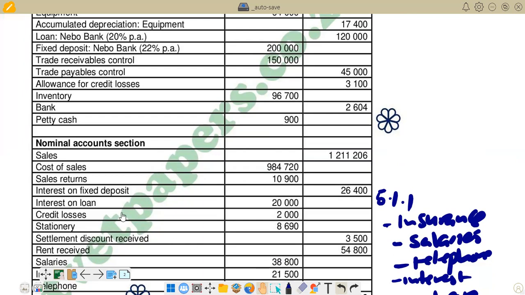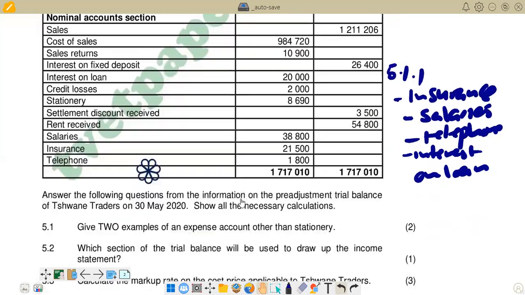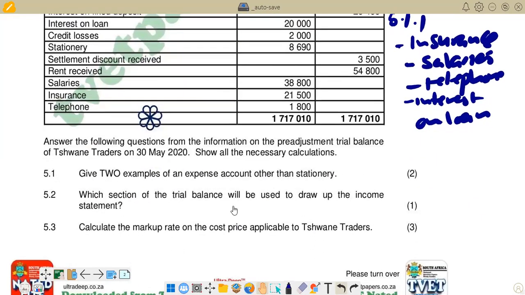Basically the basis comes from the figures that you are given under the nominal section, although we may adjust those figures if there's any prepayment or accrual. So the appropriate answer for 5.2 is the nominal accounts section.